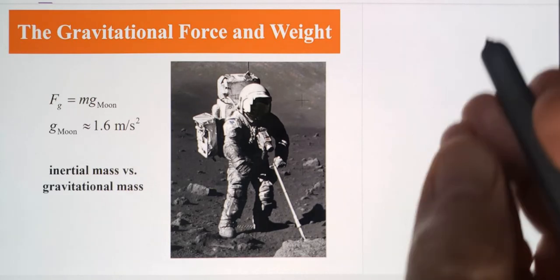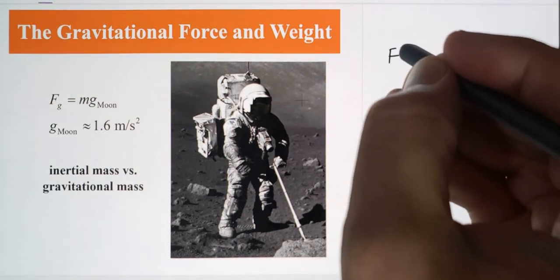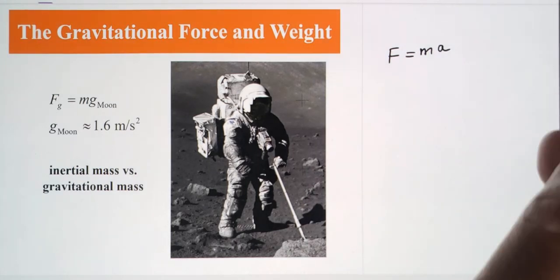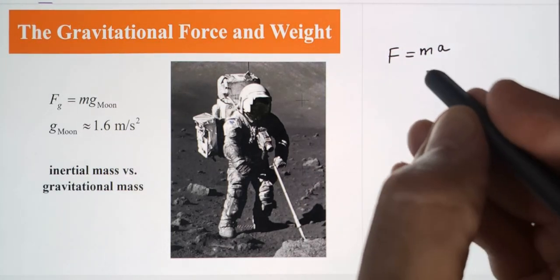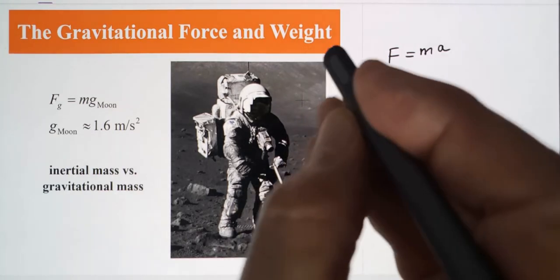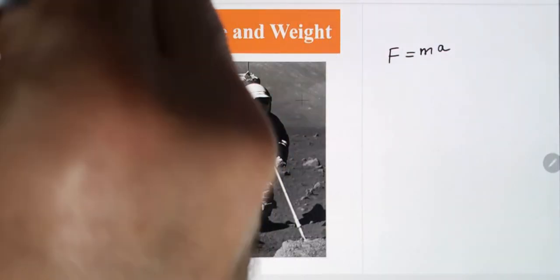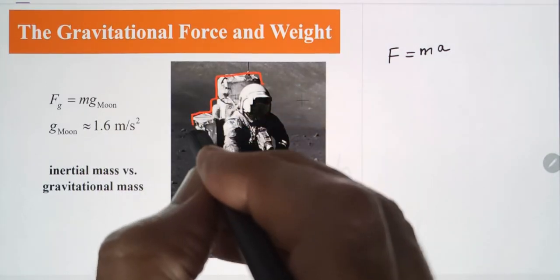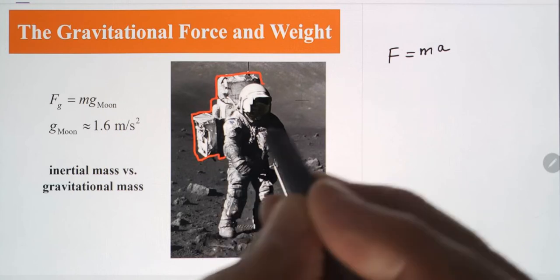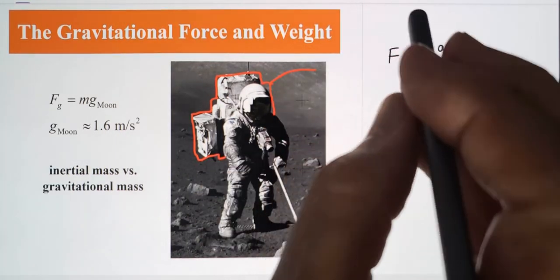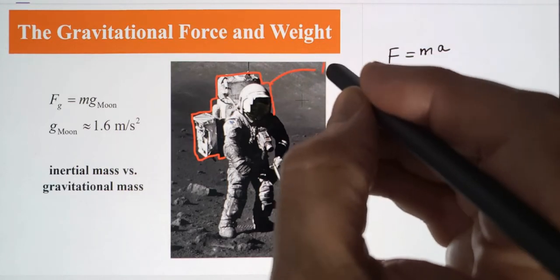First of all, we know that F is equal to ma. So they calculated: this suit for the astronaut weighs on Earth 136 kilogram.